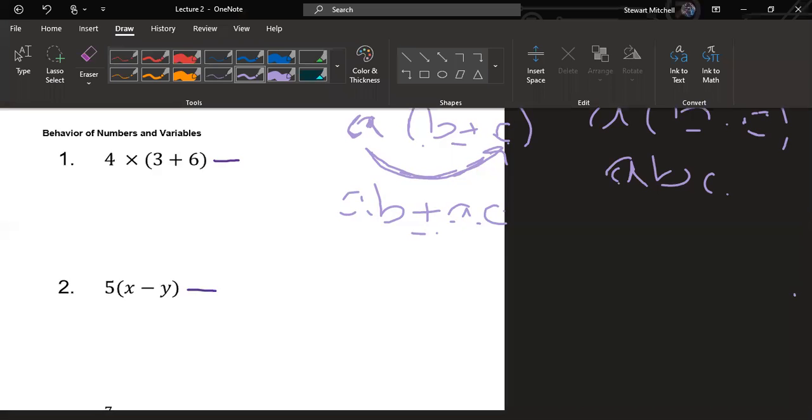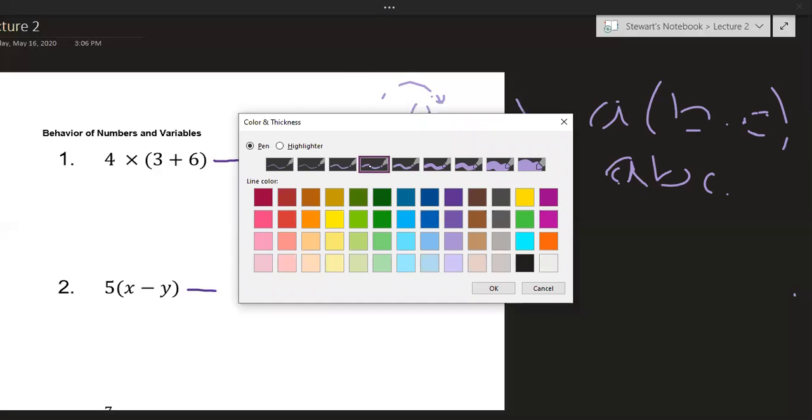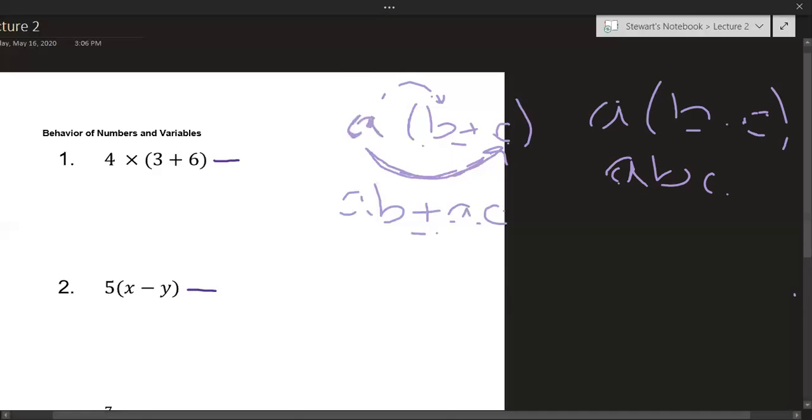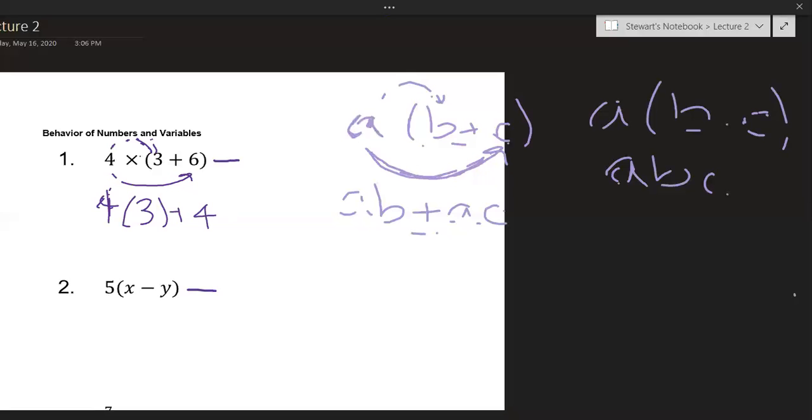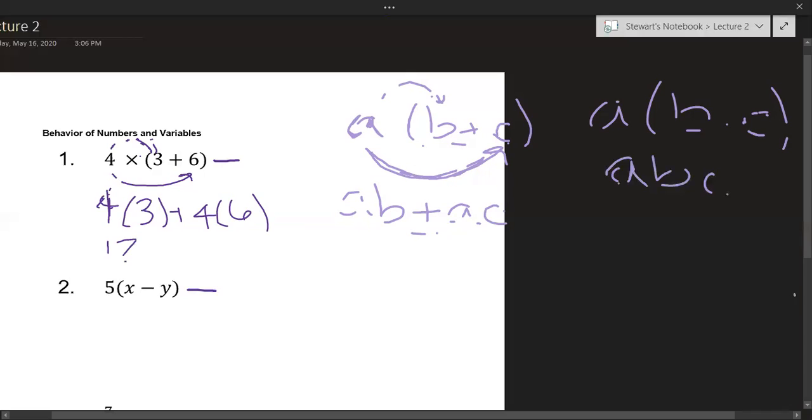So if we are talking about the first one that we're doing, the 4 times the quantity 3 plus 6, you would multiply this 4 to the 3 and to the 6, so that you'd end up with 4 times 3 plus 4 times 6, which would then give you 12 plus 24, which then would equal 36.